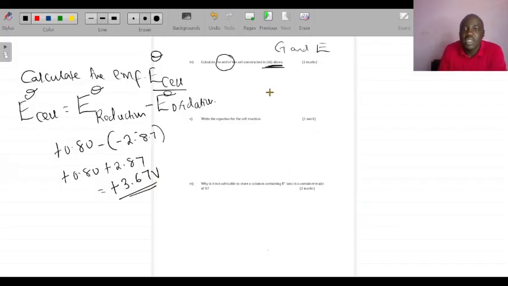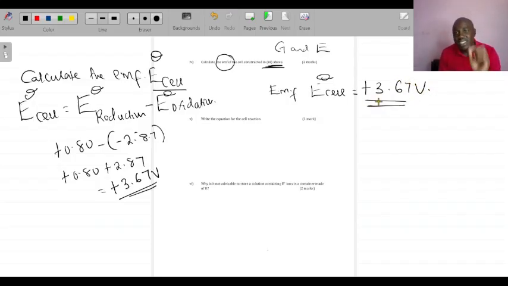So it means the E naught of our cell will be equal to plus 3.67 volts. Now, what is the mistake that most students make? Most of the time, they tend to omit this positive sign.